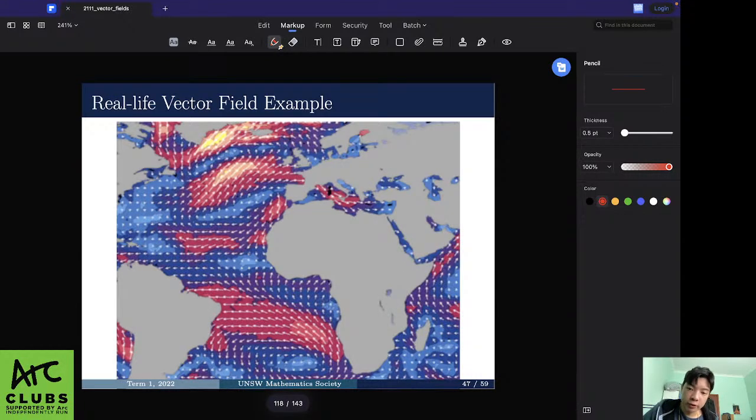So how are vector fields used in the real world? Generally, this is an example of how it's used to measure the wind speeds over an ocean. You'll see that these arrows right here have a direction.